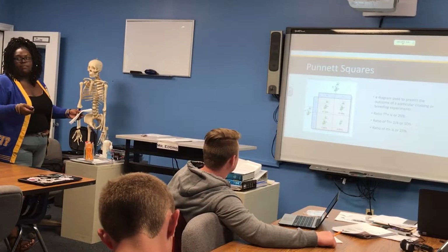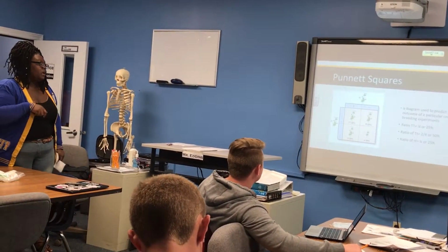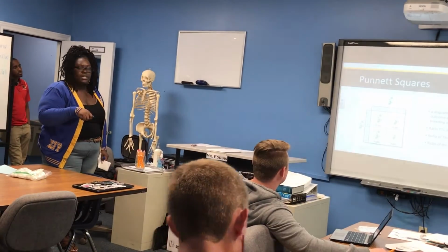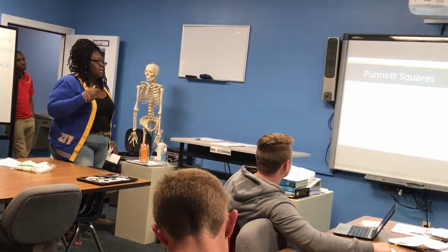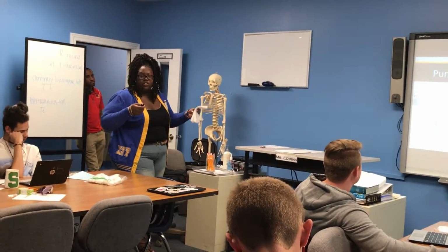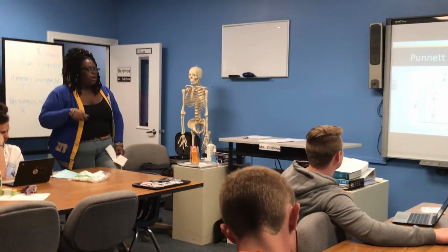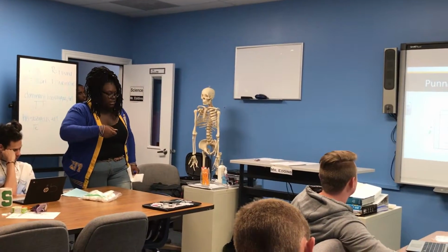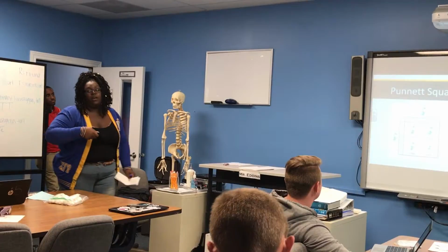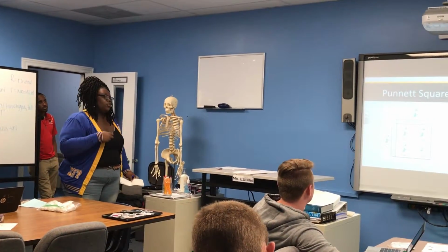So 25% of that generation would be tall. Then you have two sections that are both 25%, which would be heterozygous, and they would also be tall. So 50% of that generation would be heterozygous tall. And the last box is 25%, and they would be homozygous recessive for short.